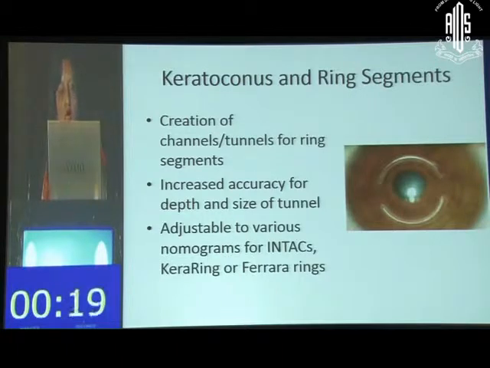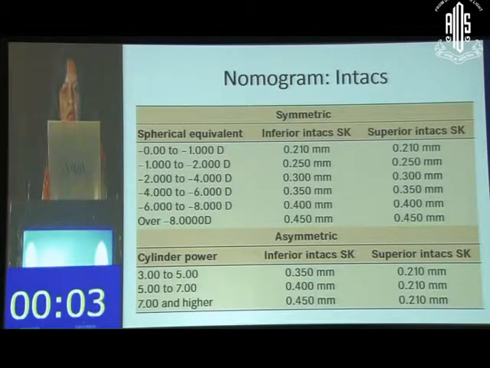A word about the use of femtosecond laser for creating the channels for the intrastromal ring segments. Femtosecond does increase the accuracy for the depth and the size of the tunnel, and then the Intacs, Kera ring or the Ferrara rings can be used, and there are nomograms. Again, these nomograms are the same which we use for doing it manually.